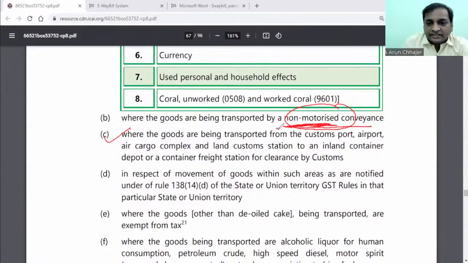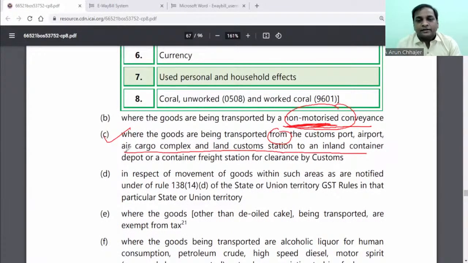When the goods are being transported within the customs port, customs airport, air cargo, land customs station, inland container depot, etc., there is no requirement of an e-way bill. This gives power to the state. They can decide their own limitation and relaxation of e-way bill for intrastate movement.